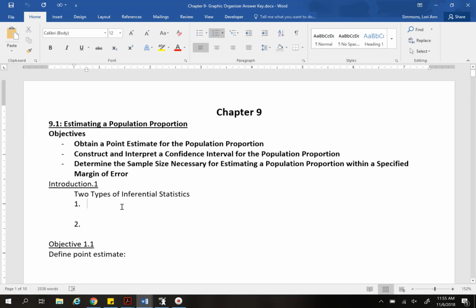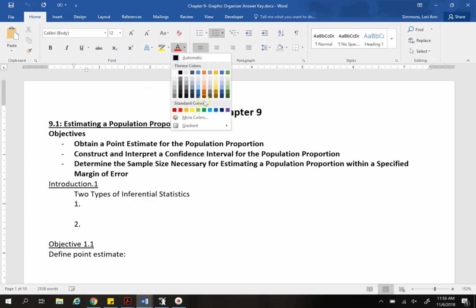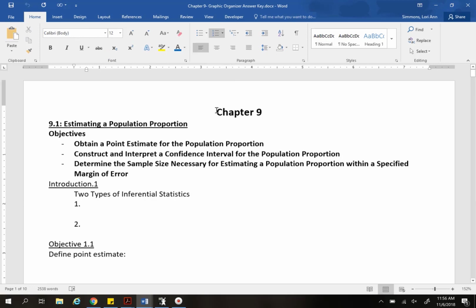If you recall, I talked about inferential statistics in the beginning of this course. I reminded you that inferential statistics needed to contain two things: a range and a confidence level. When I was talking about this specific inferential statistic, I was referring to estimation.